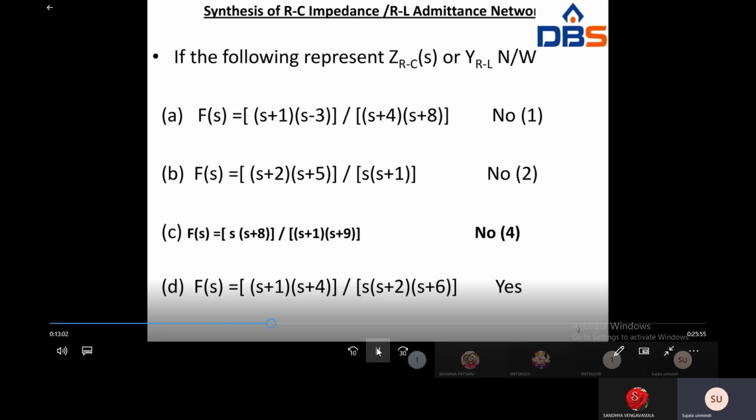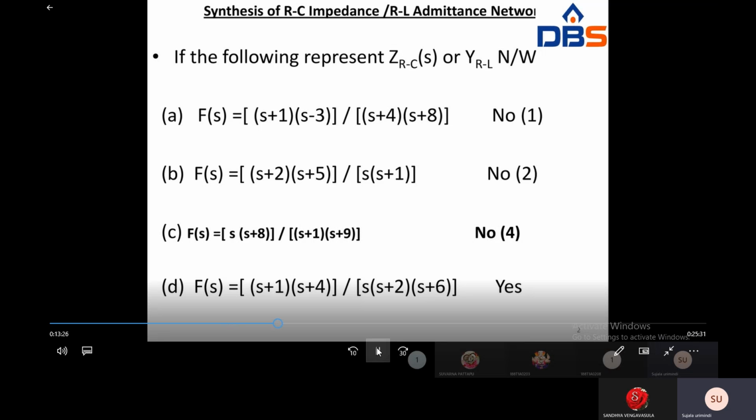Minus 1, plus 3. Here, minus 4, minus 8. But I am telling you that all the zeros and poles must be on the negative real axis. But here one is positive. So this will not satisfy RC or RL impedance.